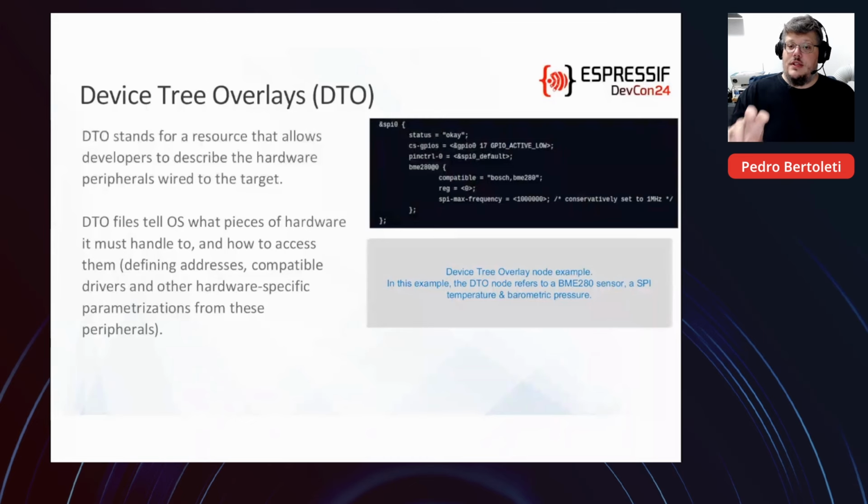This node describes that there is a sensor that should be handled by the BME280 driver, and this sensor is using the SPI interface and also GPIO 17, and pin control is related to SPI0 default, and so on. So the device tree overlay files describe the hardware wired to the target.